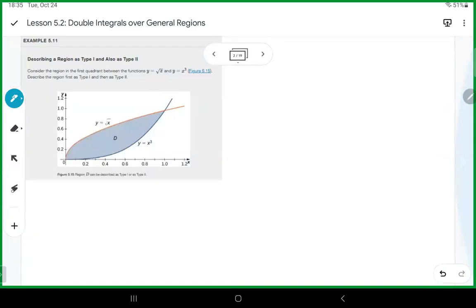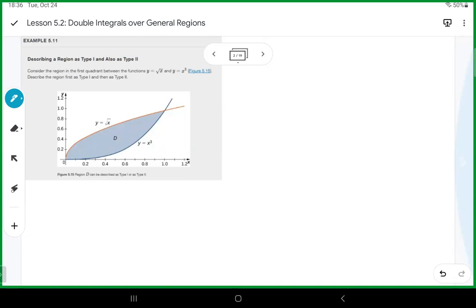Okay, so when describing a region as type 1, we need to identify the function that lies above the region and the function that lies below the region. Here, region D is bounded above by y equals the square root of x and below by y equals x cubed, in the interval for x in 0 to 1.